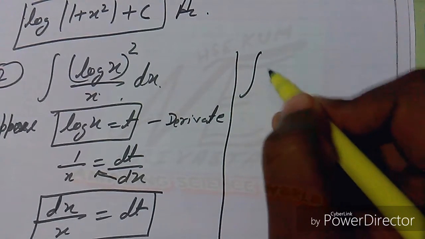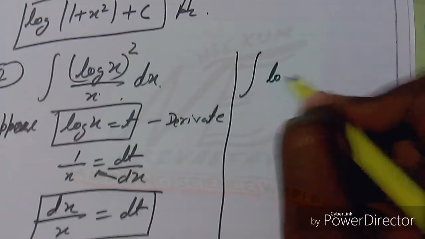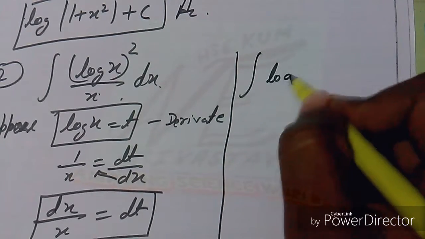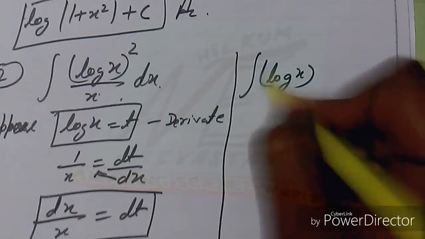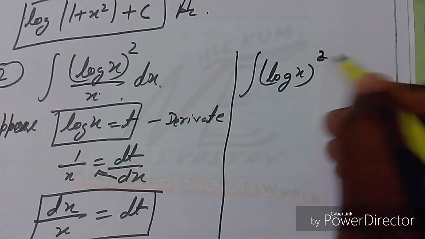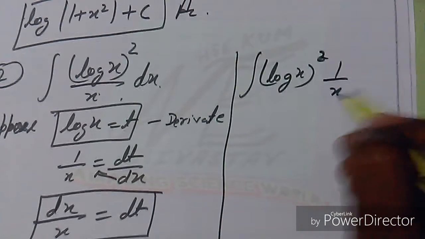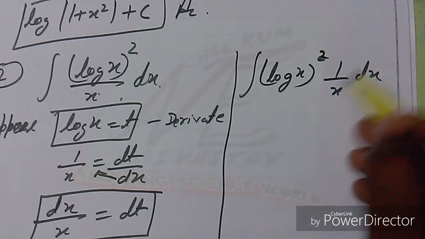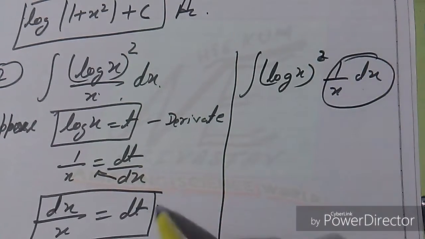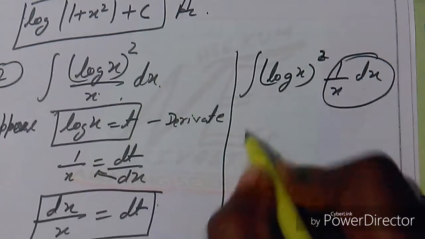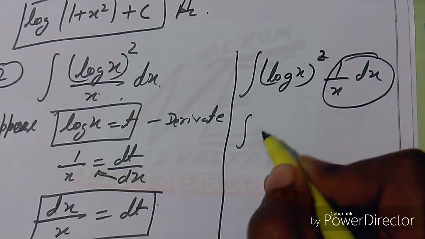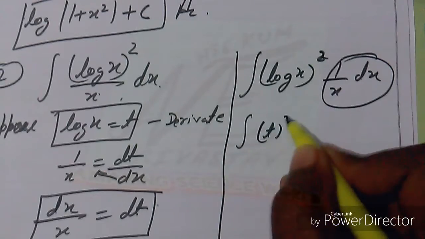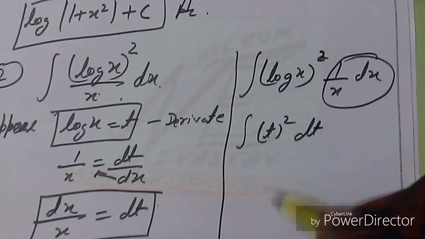Now the function comes, that is, we put the equation. First of all, we distribute it, you understand, 1 by x dx, and you see 1 by x dx is dt and log x is t. Now we put it, t square dt.